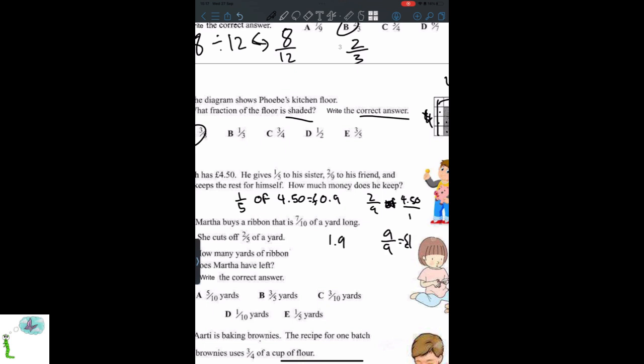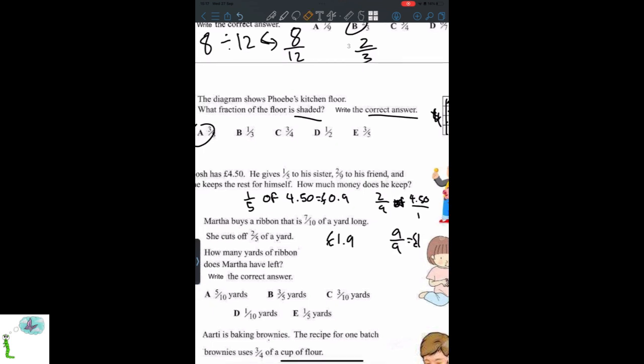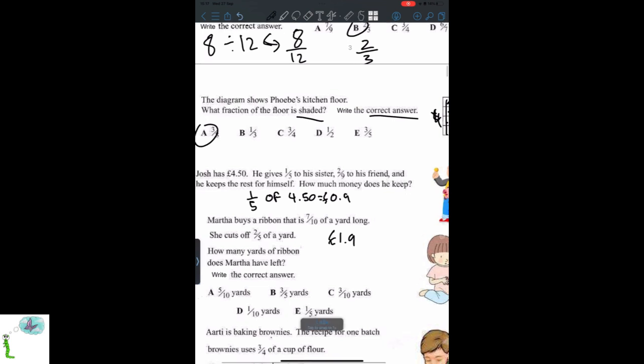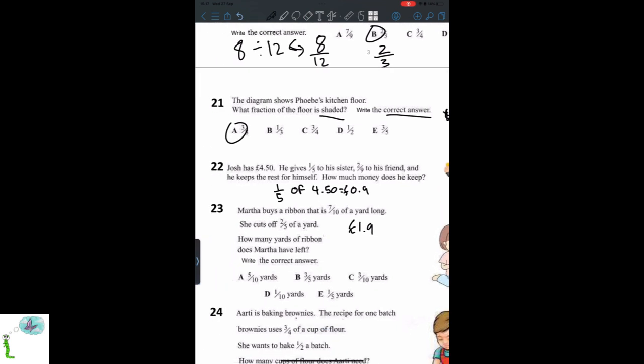So there's going to be £1 9 pence that he's donating, right? So we have to take that away from the final value, which is going to equal £2.60, and that's going to be the final value. So that's going to be your answer. You have to remember to take it away because it's asking how much money does he keep.